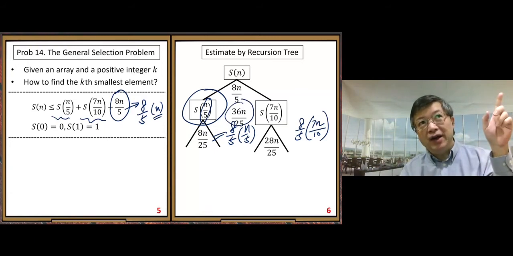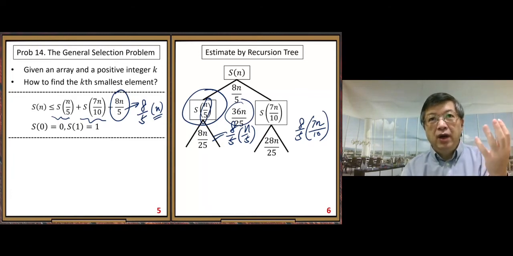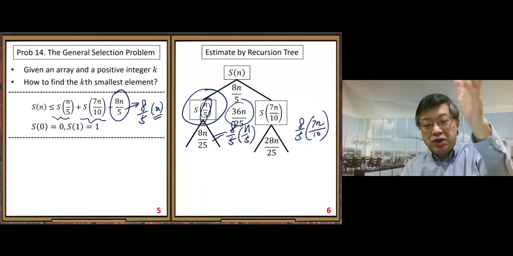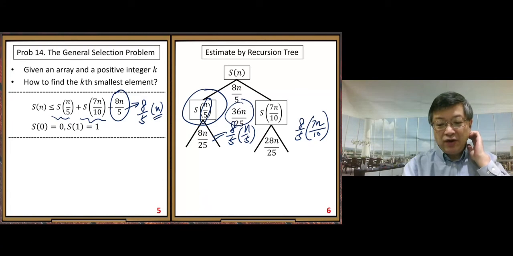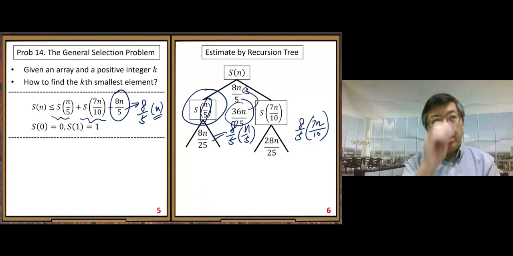36n over 25. Now you see the key difference. If we compare it with our 3-element recursion tree, the key difference is that this number is smaller than the previous number. Why smaller?